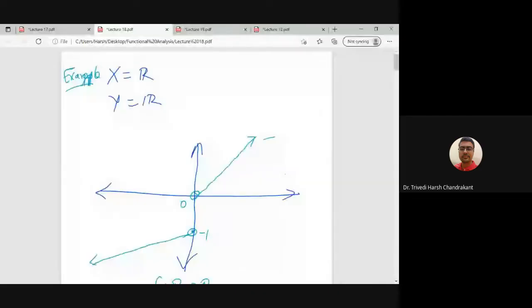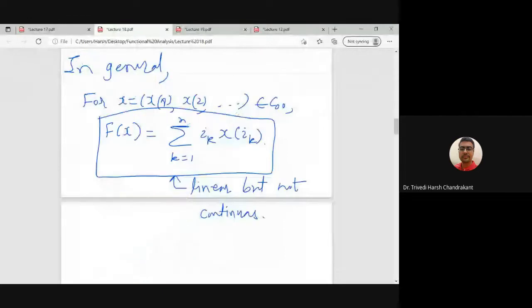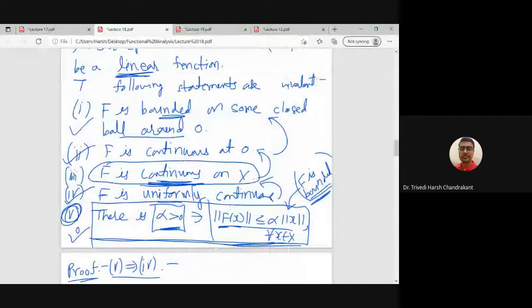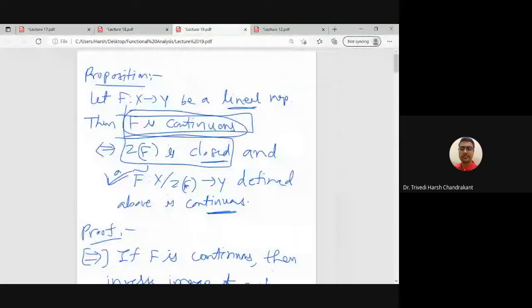So where is the statement? Yeah, we are ready. So these are the 5 equivalent conditions. One of them is f is continuous, and this one is the sixth equivalent condition, that f is continuous if and only if the kernel is closed and the corresponding map f tilde is continuous.